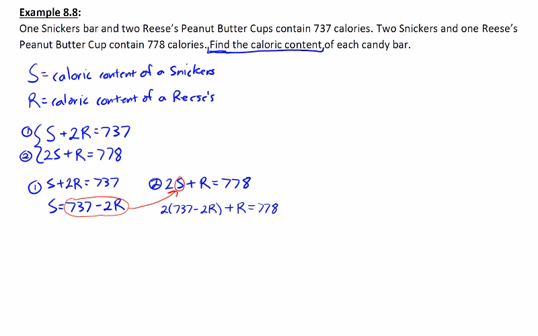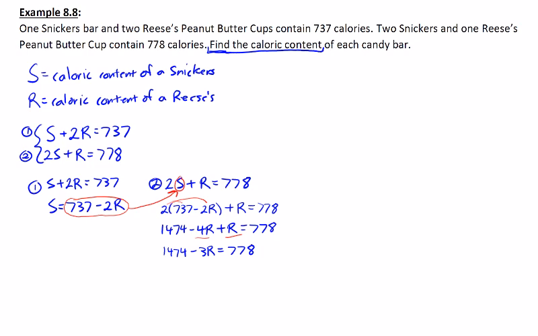And now I need to distribute and combine like terms. So when I distribute, I should have 1,474 minus 4R plus R, all equal to 778. Combine like terms with the minus 4R and the R. So 1,474 minus 3R should equal 778.